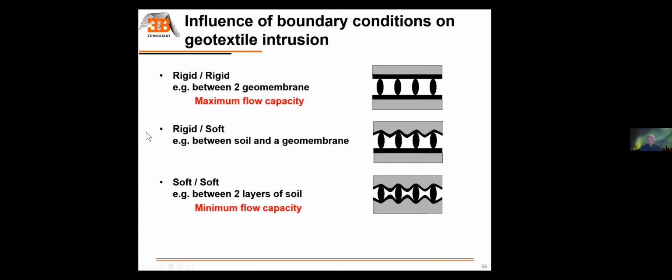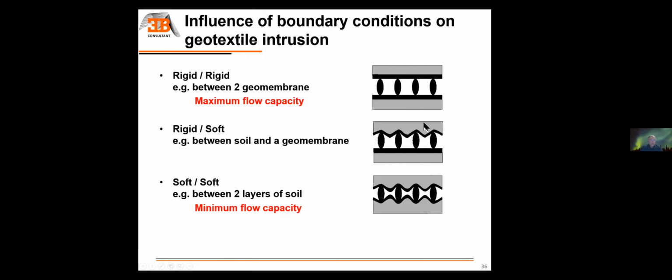Another factor is the influence of the boundary condition on the geotextile intrusion. So when you have a geocomposite which is installed between two rigid products, like two geomembranes, for example, or against a concrete slab, the void which is available between the two fabrics within the thickness of the core will be the maximum.